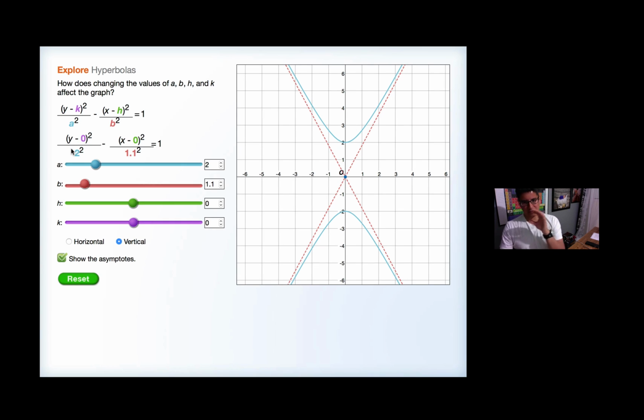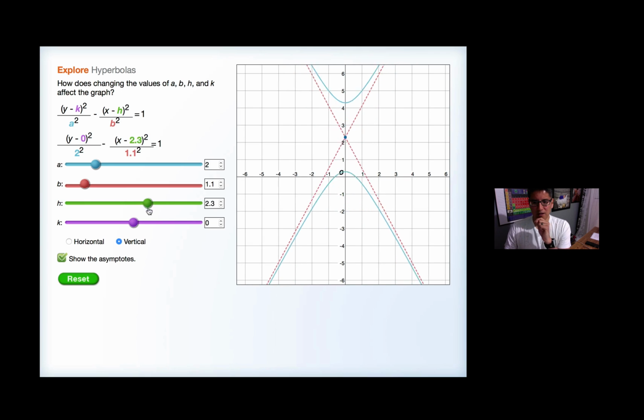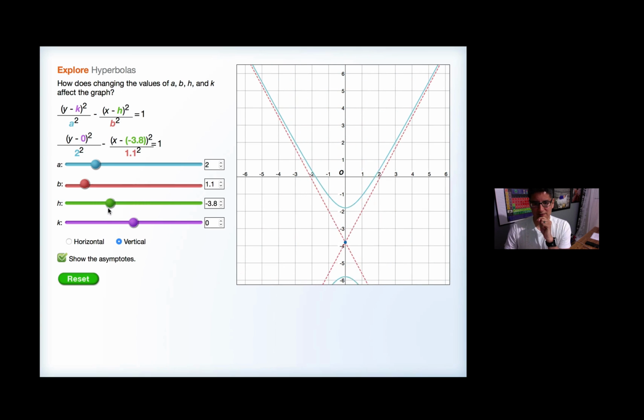Now, when it's a horizontal graph, when I moved my h, it moved along the x-axis. Now look what happens when I manipulate my h this time. You're going to notice that the graph, instead of going left and right, is going to go up and down along the y-axis.